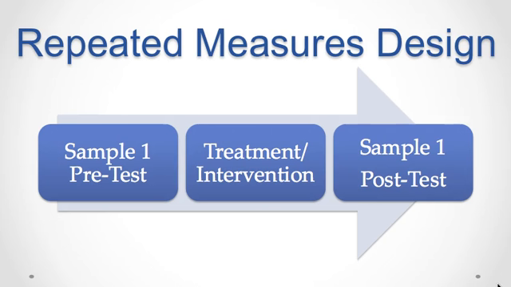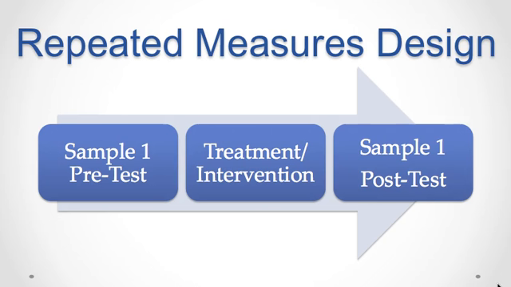For example, we can measure athletic performance, that's the dependent variable, in a sample of athletes before and after a training camp. We can compare the difference in athletic performance before and after the camp. This type of repeated measures design is limited to observing participants two times, before and after a treatment.